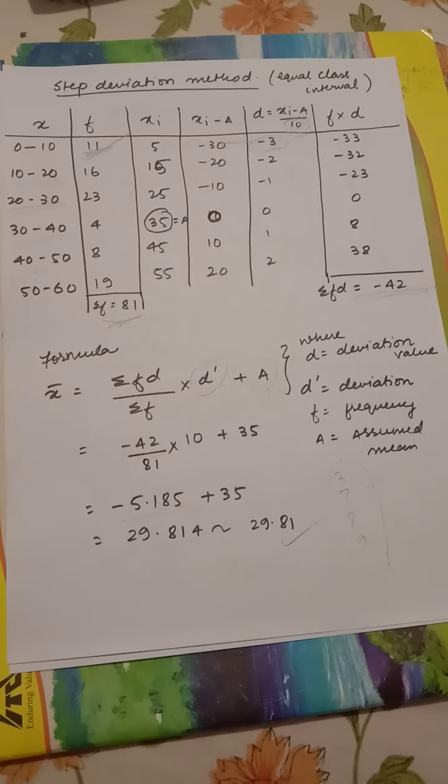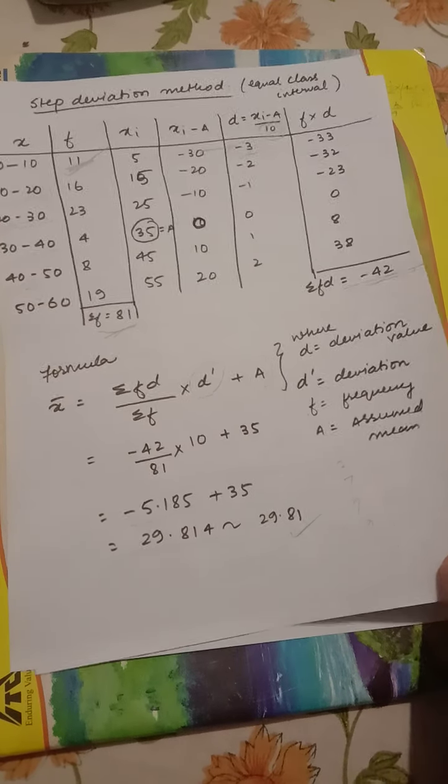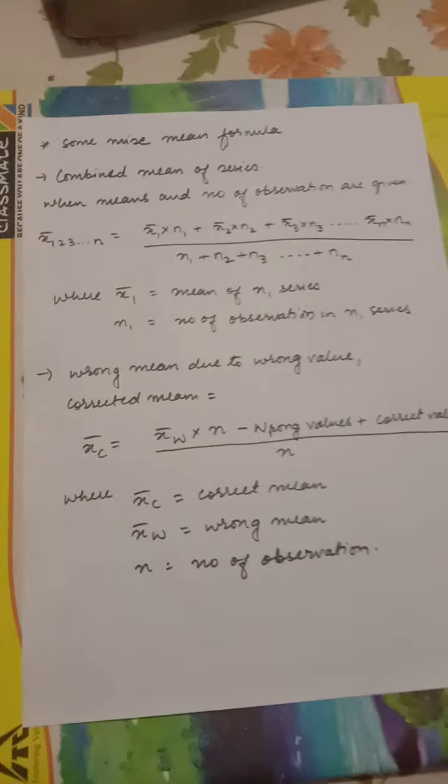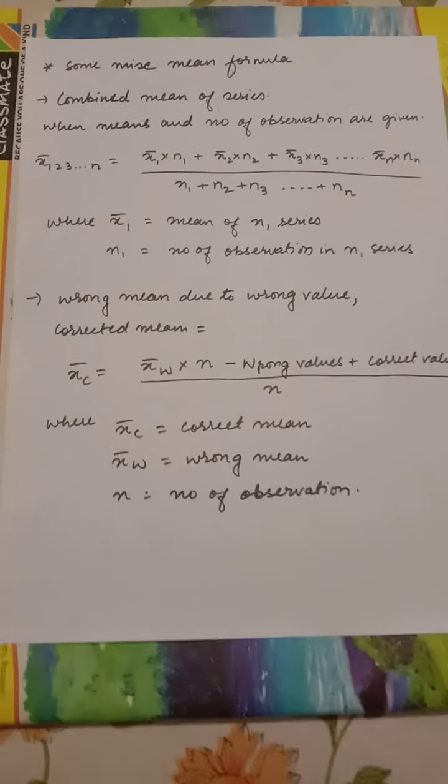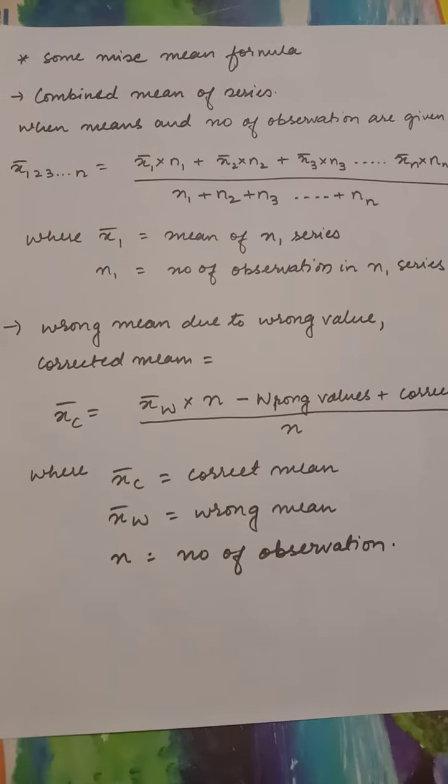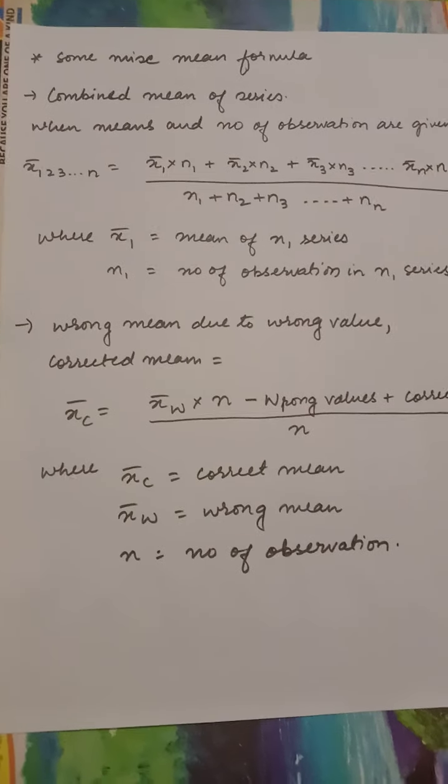Let's move on to a new one, some miscellaneous mean formulas, that is the formula for the combined mean and for the corrected mean.